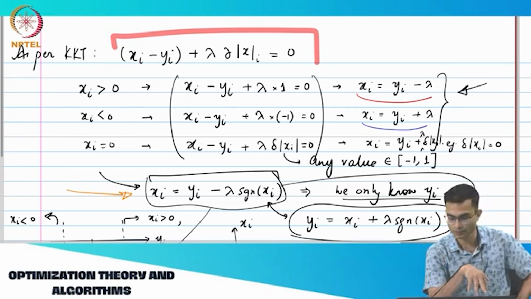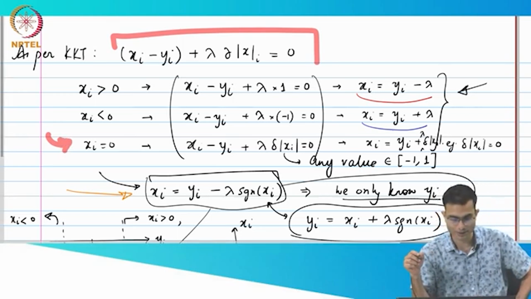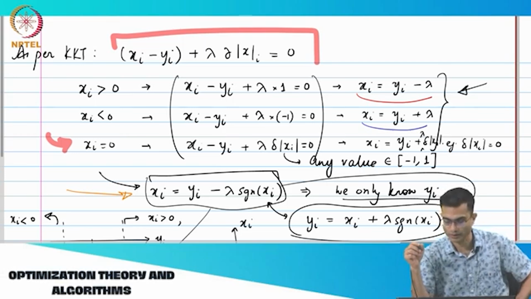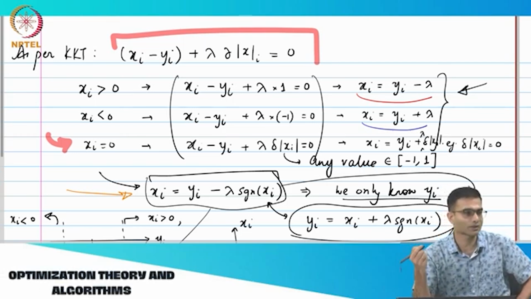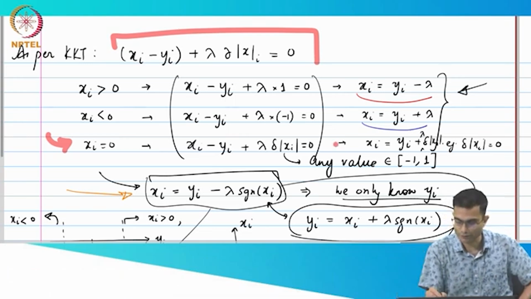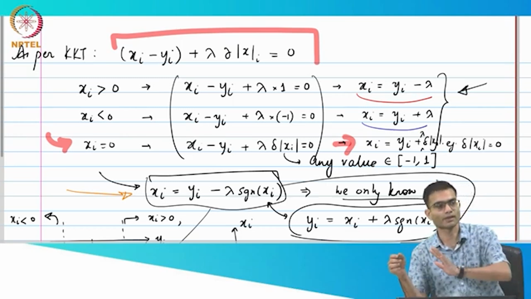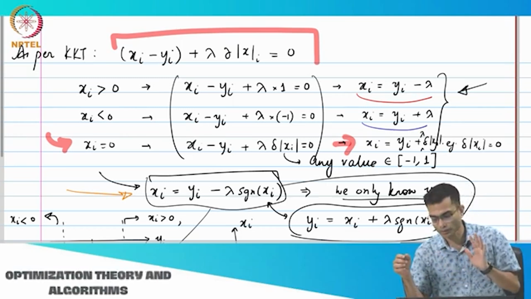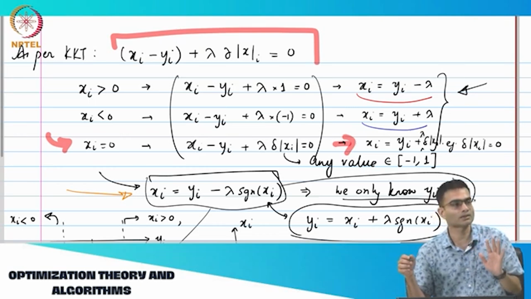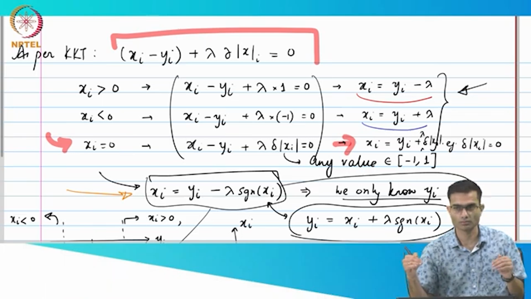When xi is equal to 0, this is the third expression that I get: xi minus yi plus lambda times the subdifferential of mod x. And the subdifferential, as we said, is any value between -1 and 1. When I keep xi to one side and move everything else to the right hand side, we always have to keep in mind that xi is equal to 0. That's the only case when this is valid.